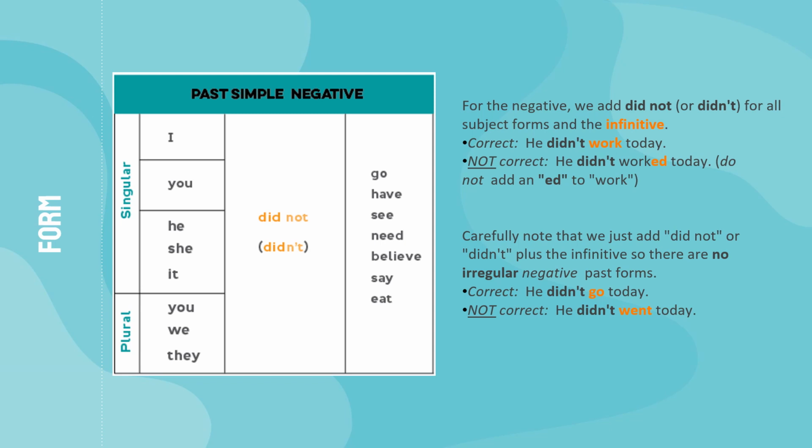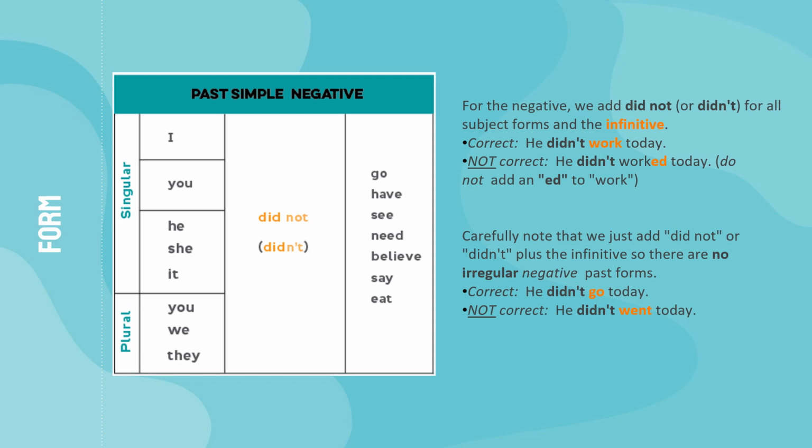Now, go on to the negative form of past simple. For the negative, we add did not for all subject forms and the infinitive. The example: he didn't work today.